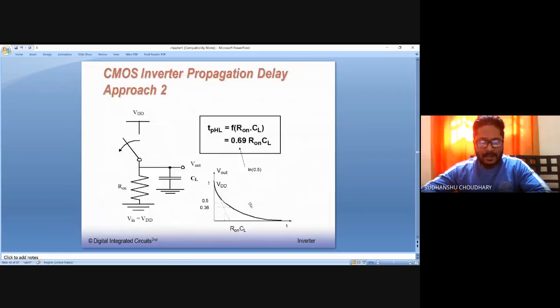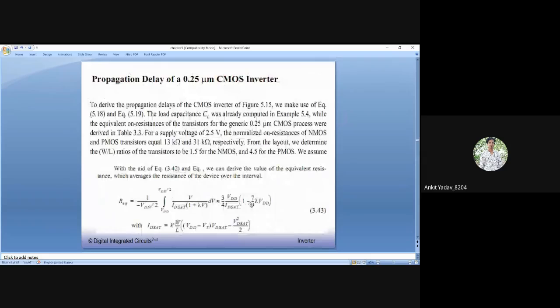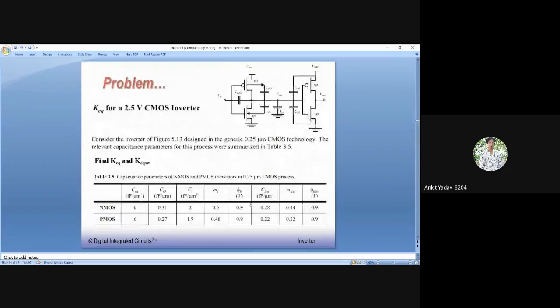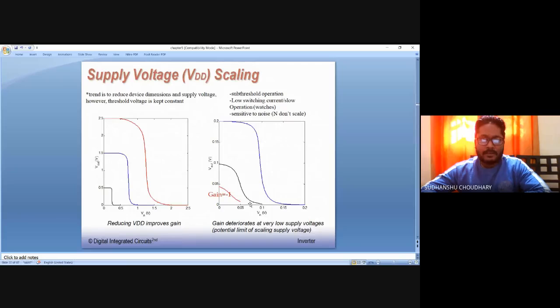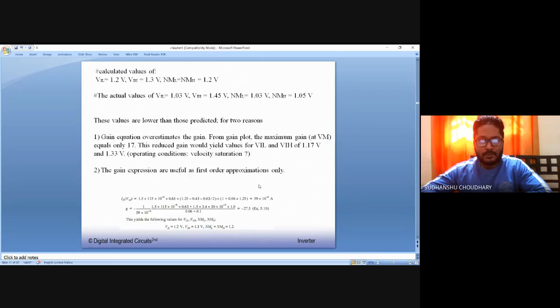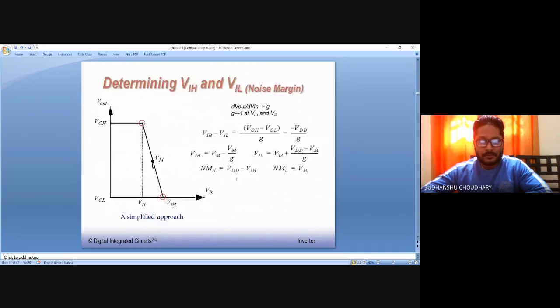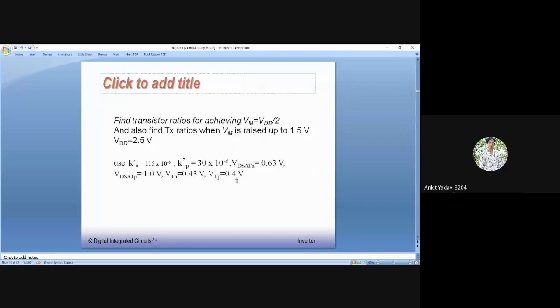So what was that R, by the way? Sir, you told that it is directly proportional to the width of PMOS upon the width of NMOS. Yeah, R is always proportional to the width of PMOS and NMOS. In fact, R equivalent N and P are also always proportional. So small r is also proportional to the width of PMOS and NMOS. That is true.